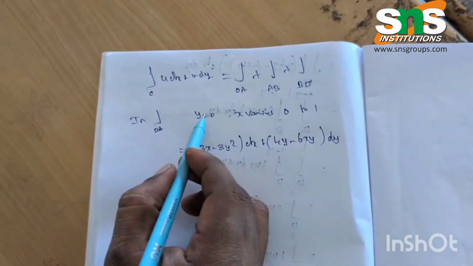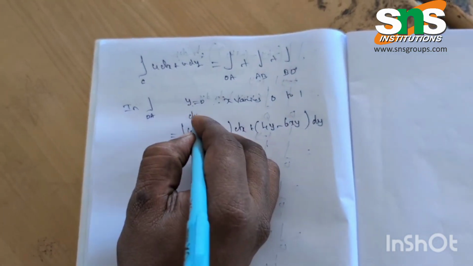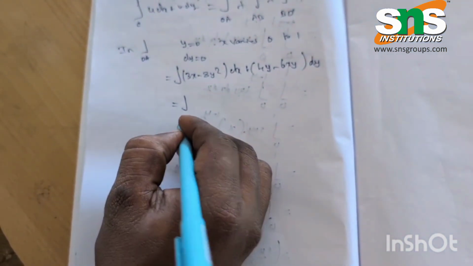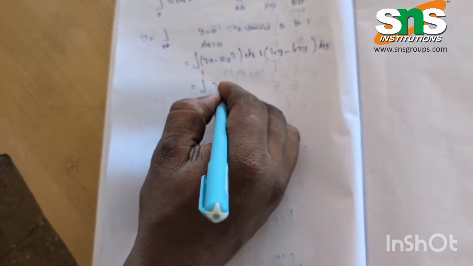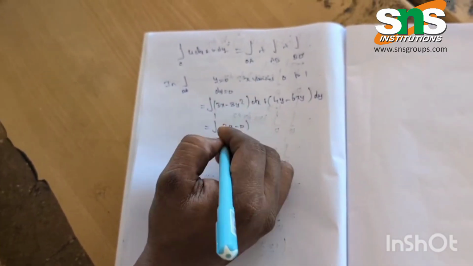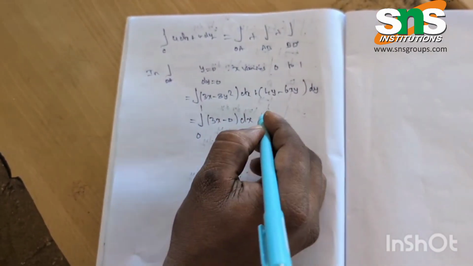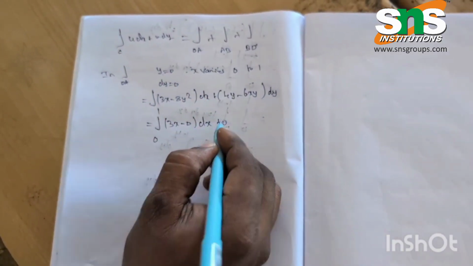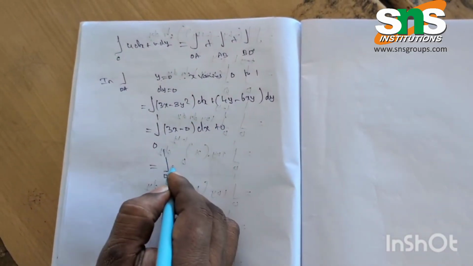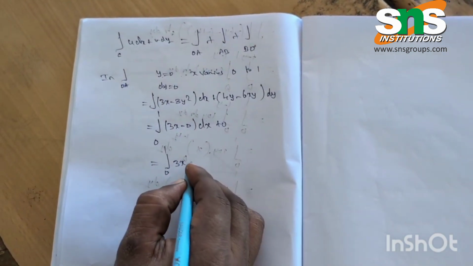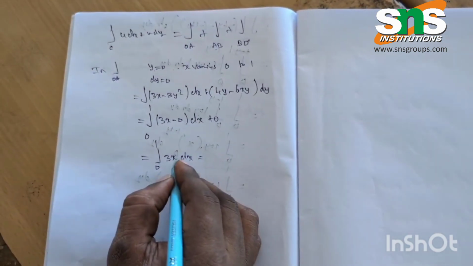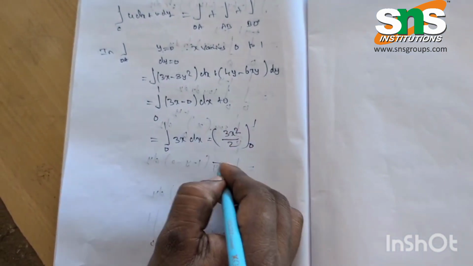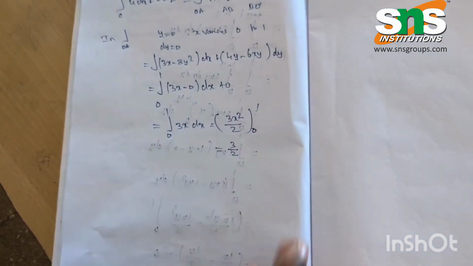In this equation we apply y equal to 0 and also dy equal to 0. The limit is 0 to 1, 3x minus 0, dx. The second term is fully 0 because the dy term is 0. So integral 0 to 1 of 3x dx. Integrating gives 3x squared by 2, with limit 0 to 1, and the value is 3 by 2.